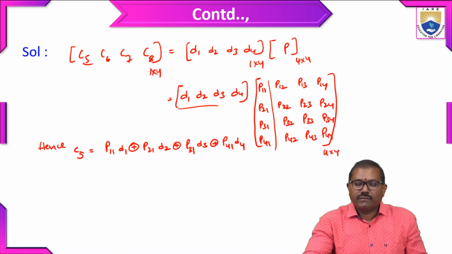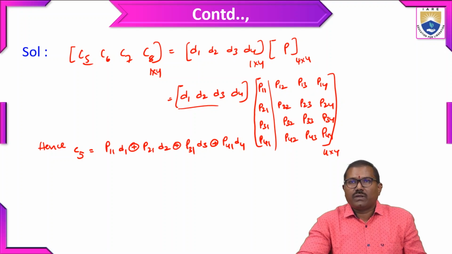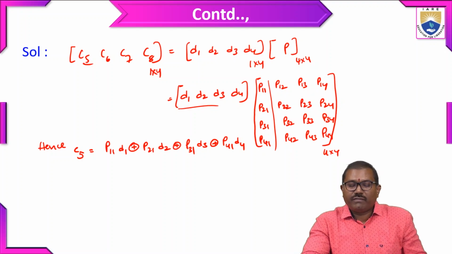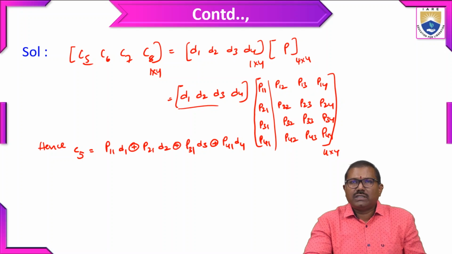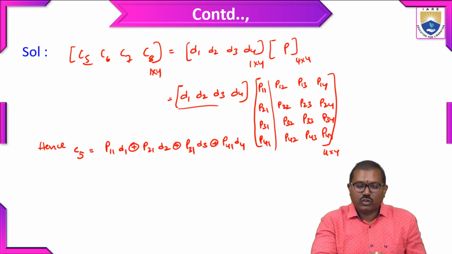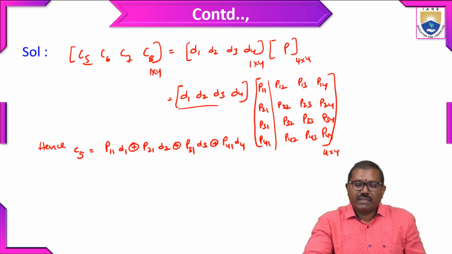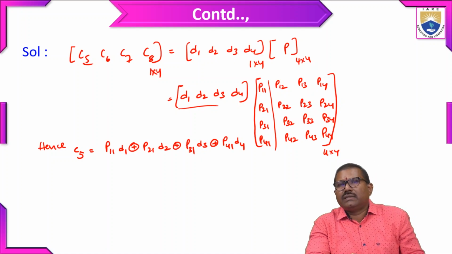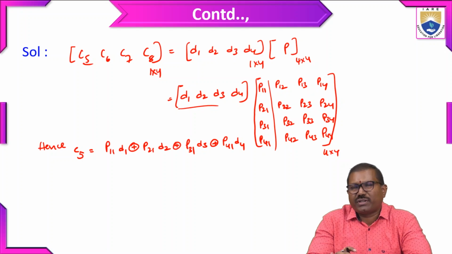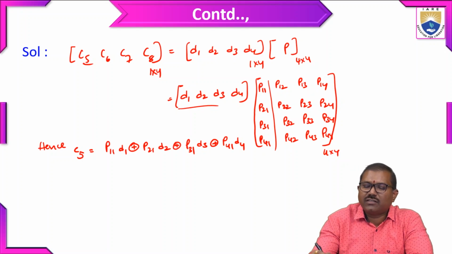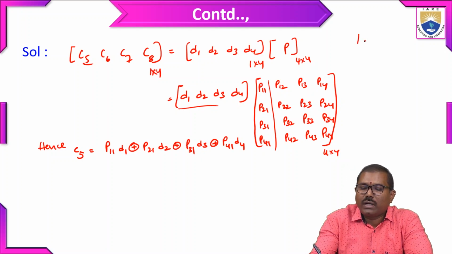This is my first row multiplication. When you multiply the first row with the first column, you get C5. Once again: D1 P11, D2 P21, D3 P31, D4 P41. But here we are using the XOR operation, so you know the XOR operation. For example, 1 XOR 0, what you got? 1.